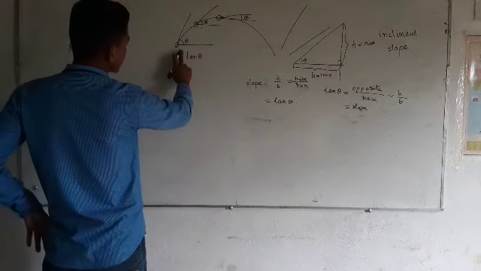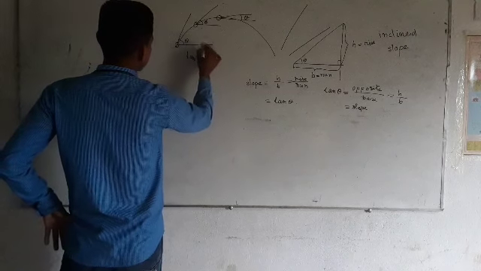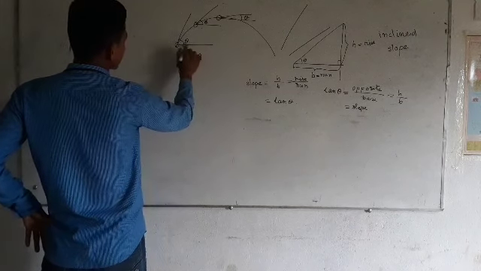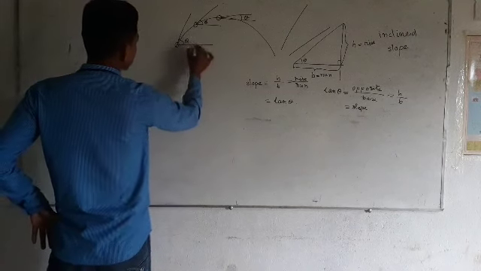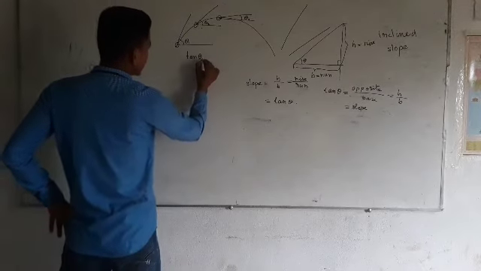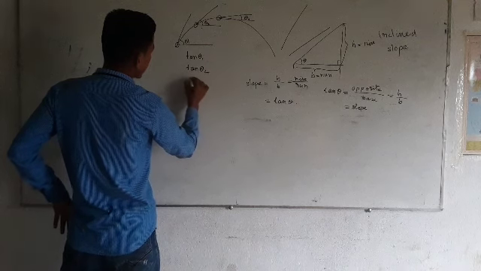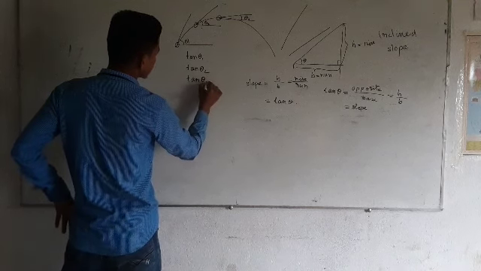Okay. To make it different, here let the first theta be theta 1, the second theta be theta 2, and the third theta be theta 3. Then tan theta 1 will be different from tan theta 2 and tan theta 3.